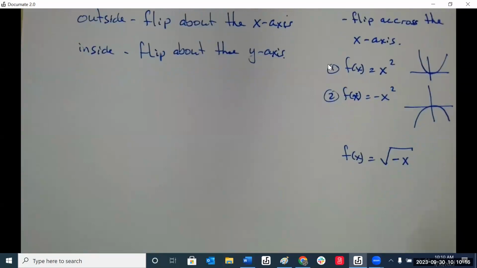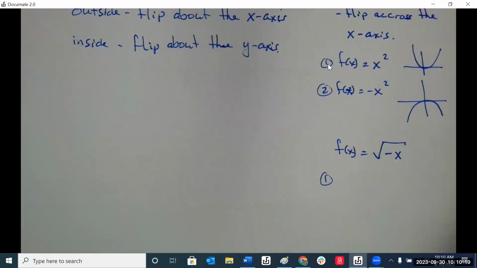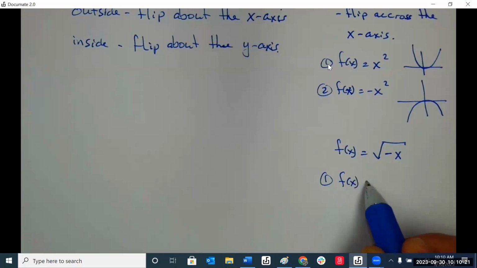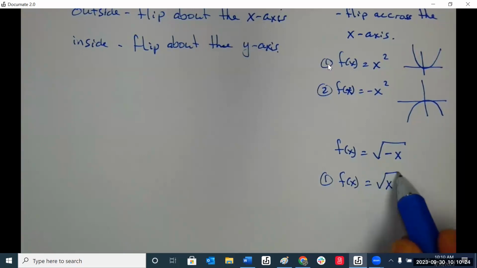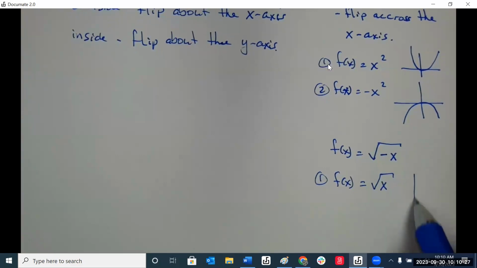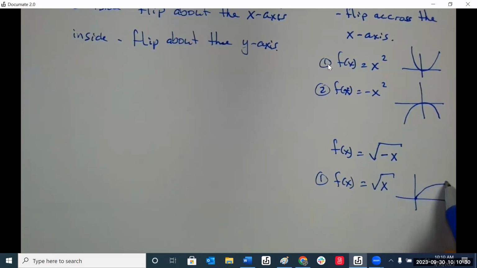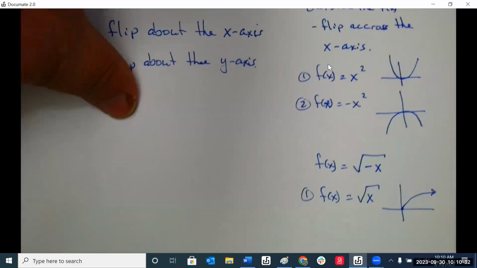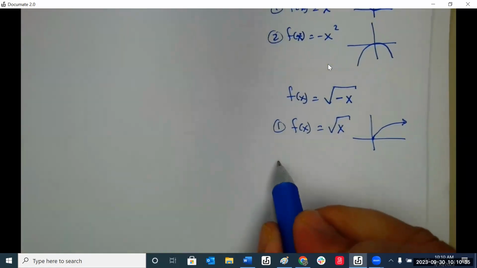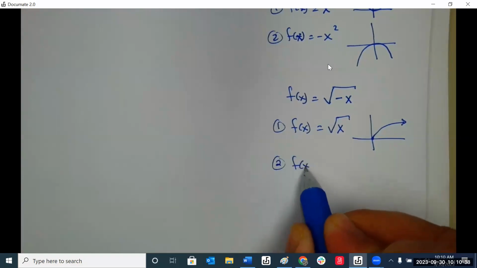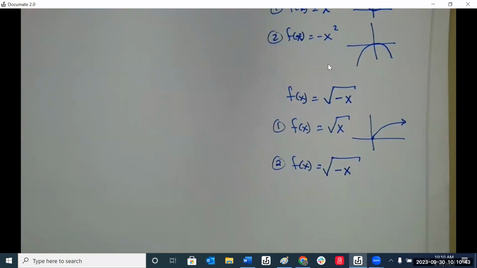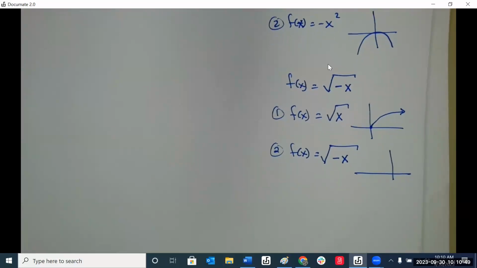So with this one, we know our original function is a square root of x. The square root of x looks like this because we cannot have any negatives inside there. If I change the sign of x inside the function, since I cannot have a negative inside there, x has to be negative.